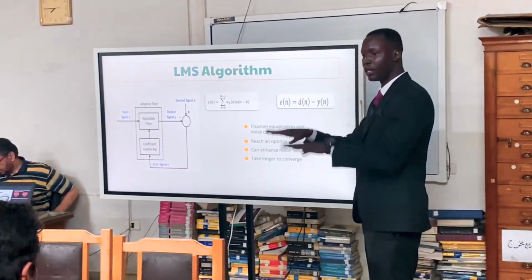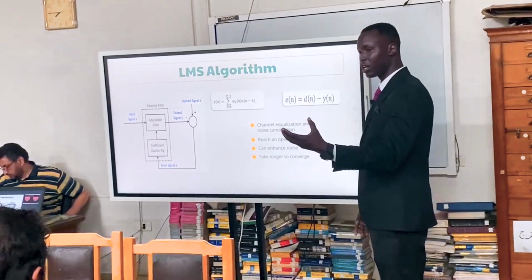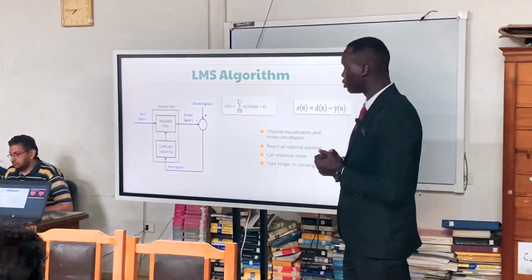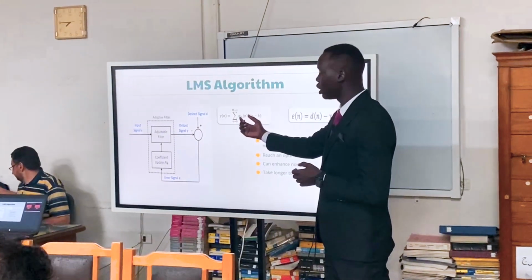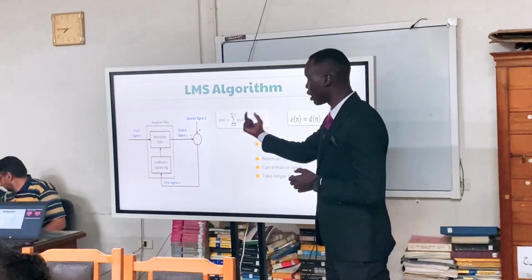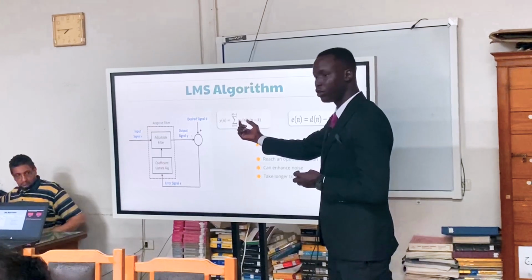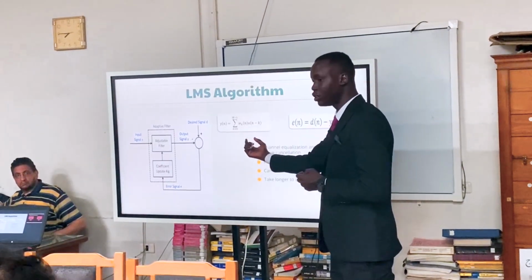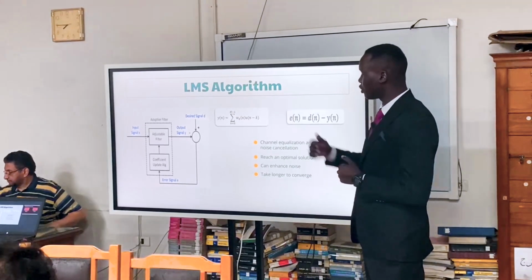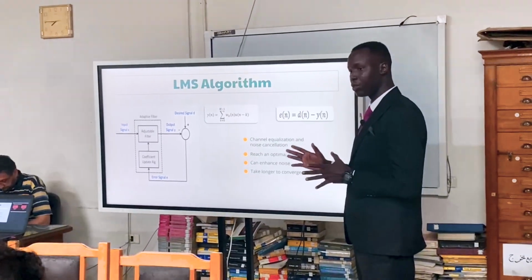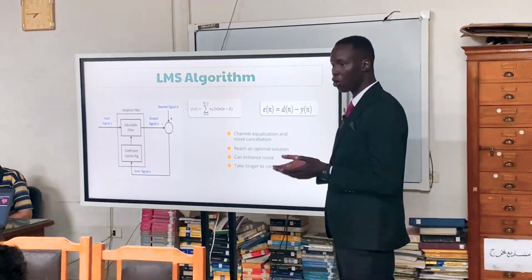So it tries to balance between channel mitigation and noise cancellation. The issue is that we're using the weights, and after getting the error we do a convolution, where the noise gets enhanced as well. The LMS actually reaches an optimal solution; however, it takes longer to converge.